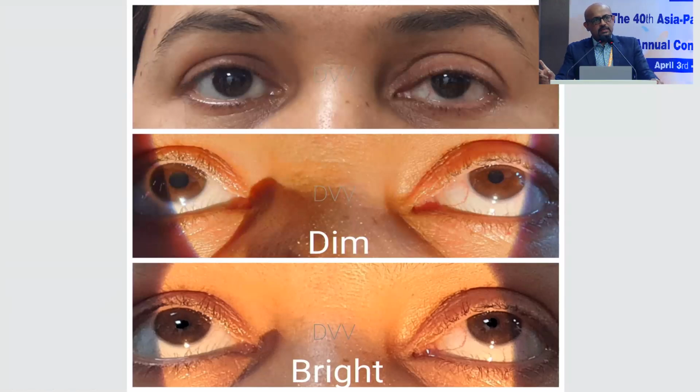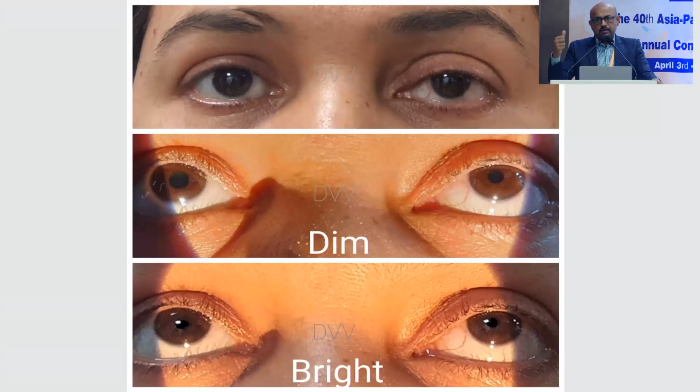So if you have this kind of patient, the next thing that you do is to see what happens to the difference in size of the pupil when you examine the patient in bright light versus in dim light. If the difference in the size of the pupil increases when the room lights are off, in dim light, you know that you are dealing with a sympathetic system problem, because the sympathetic system normally is supposed to dilate the pupil.